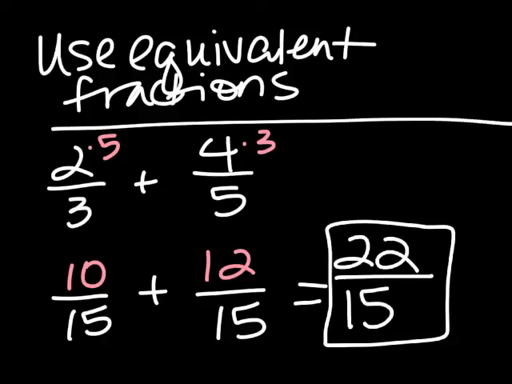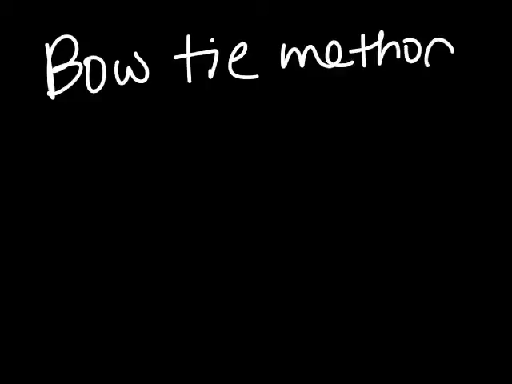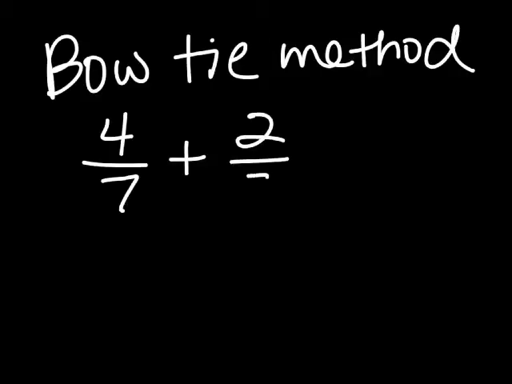Okay, another great one is the bow tie method. This is my favorite, actually. It works for addition, it works for subtraction, works for anything. Okay, so we are going to use 4/7 plus 2/3.